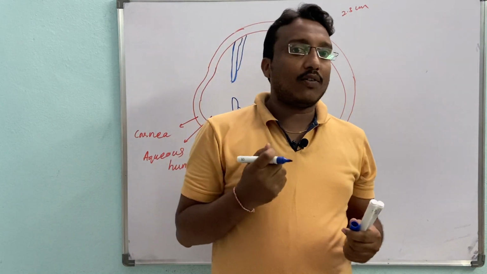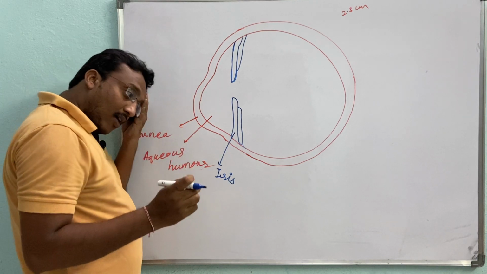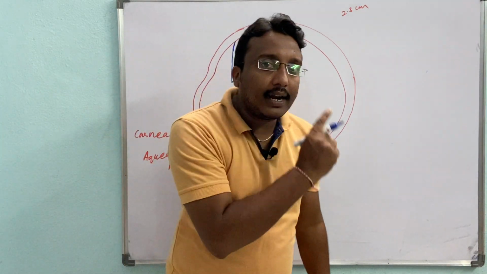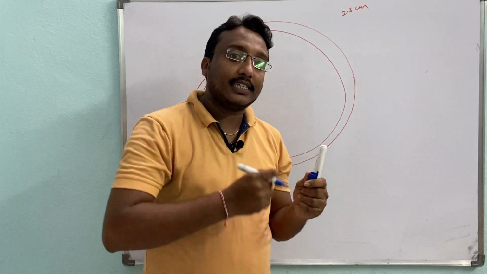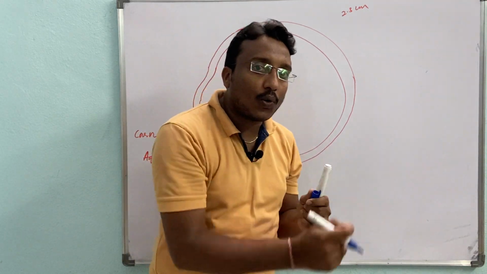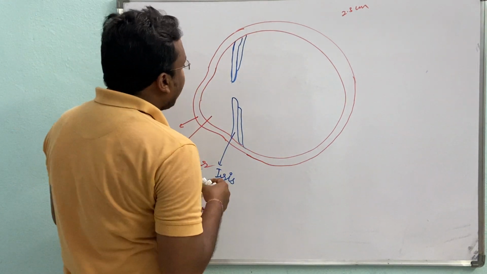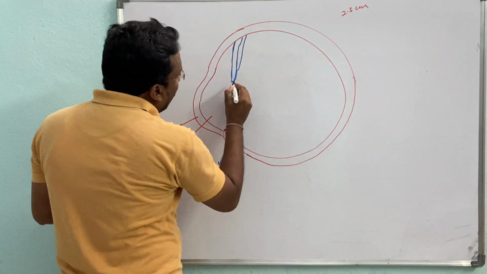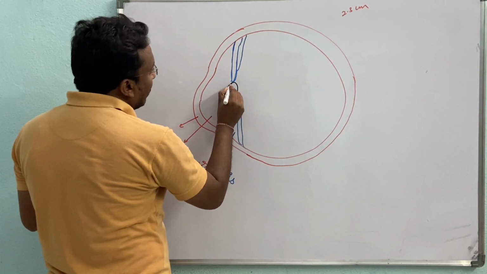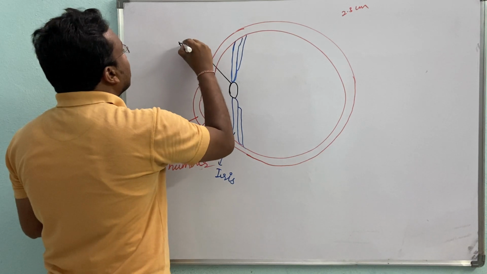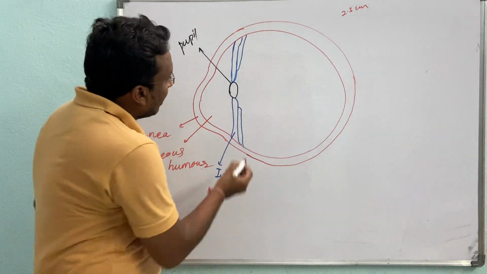It has a pigment. The iris has a small hole called the pupil.